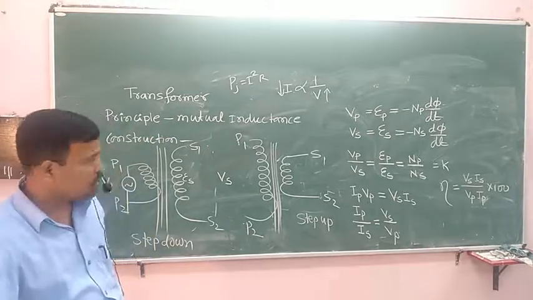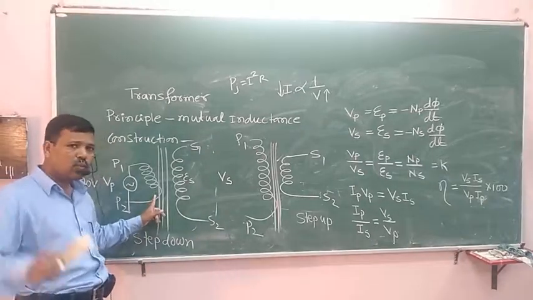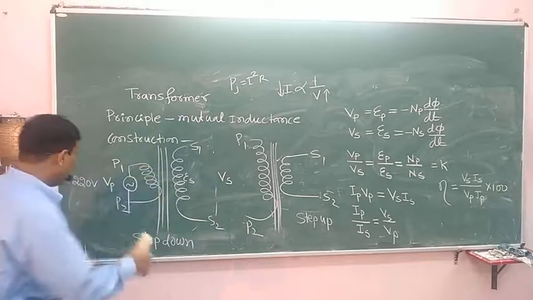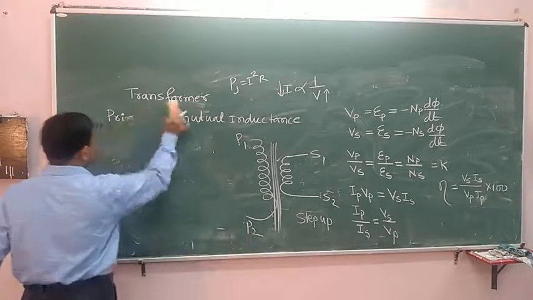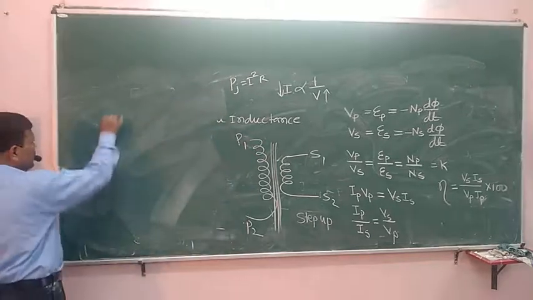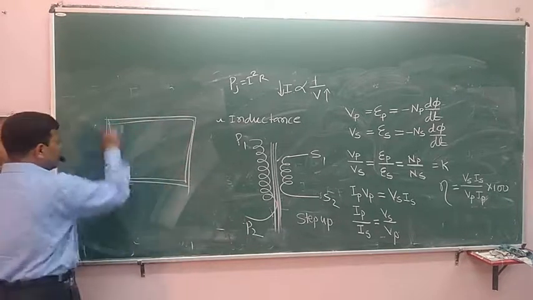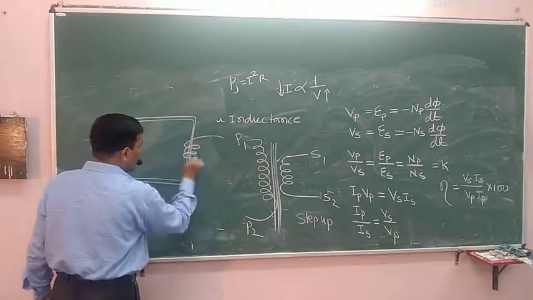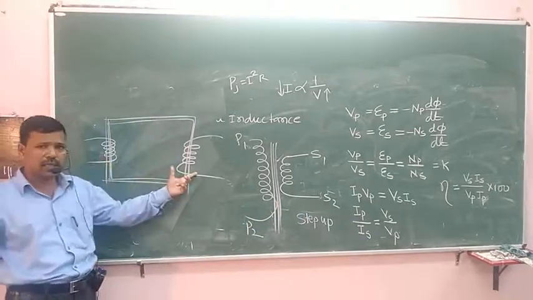Loss due to leakage of magnetic flux. Here, if one is winding over the other, then there is no loss of electric power due to leakage of magnetic flux. Suppose the configuration is like this, these are not on the iron core. If one coil is here and the other coil is there, then there is a gap between the primary coil and the secondary coil.